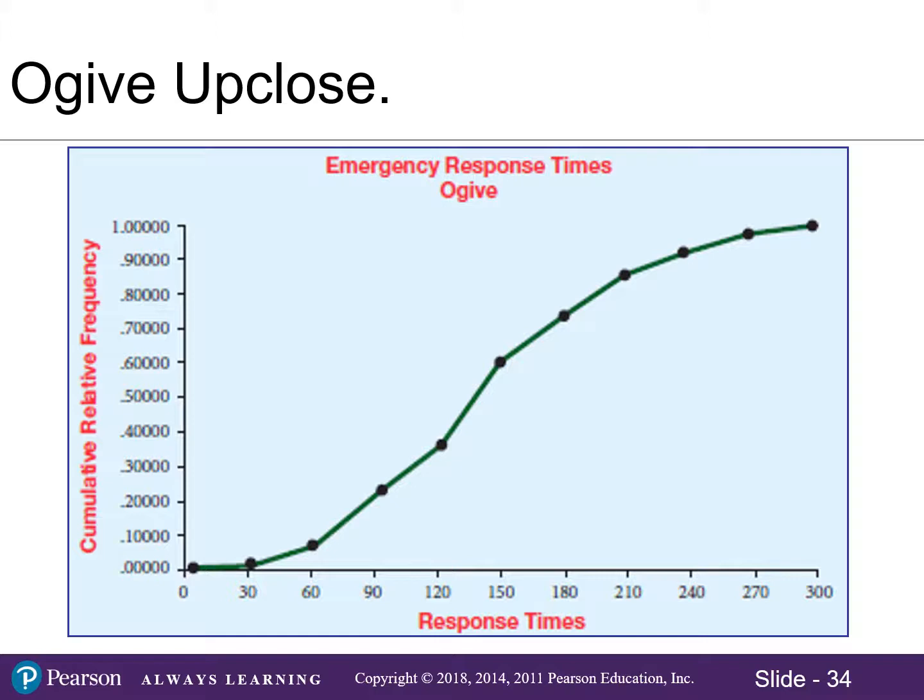Now, the big thing about the ogive is it helps you see where you have the greatest amount of change. The easiest way to see that is to see who has the steepest slope. That tells you where the greatest amount of change has happened. In particular, notice I've got a very steep slope right here, and that tells me the jump from the category before to this category is quite steep.